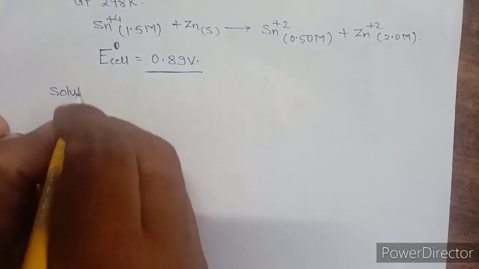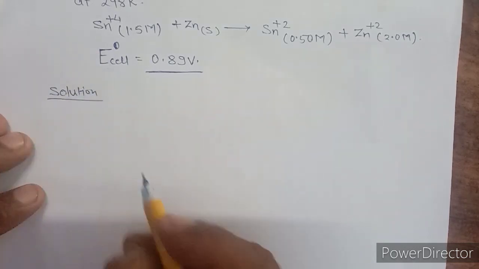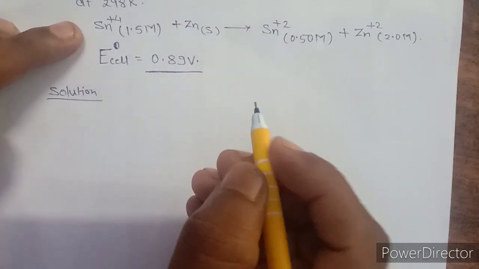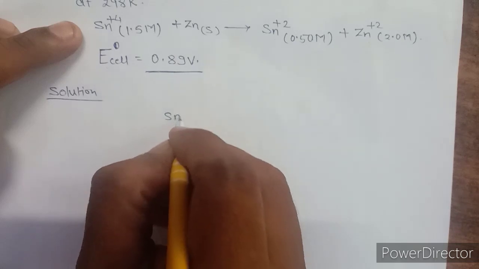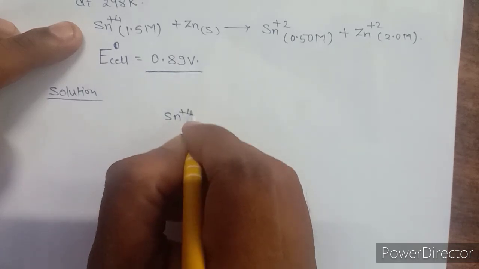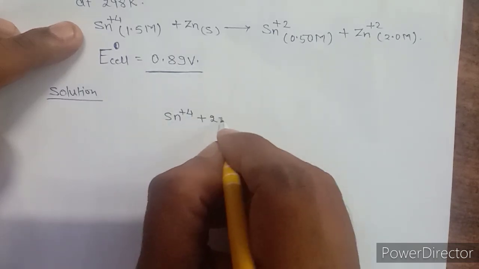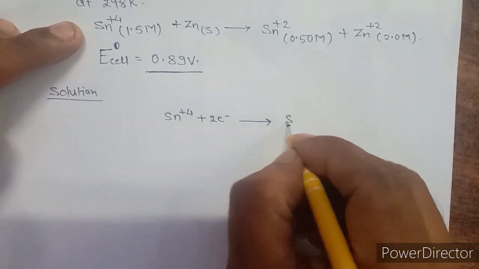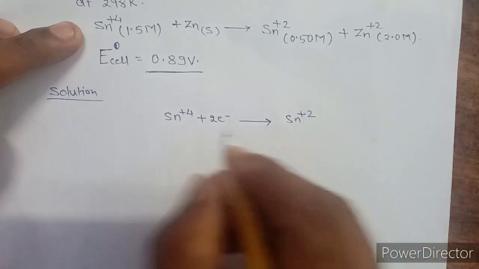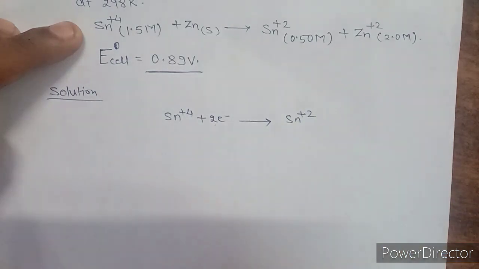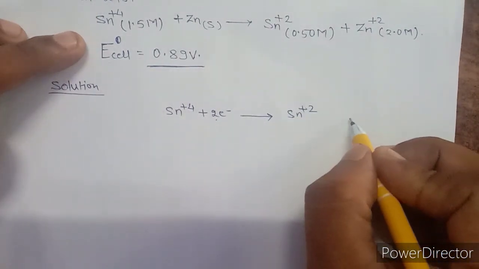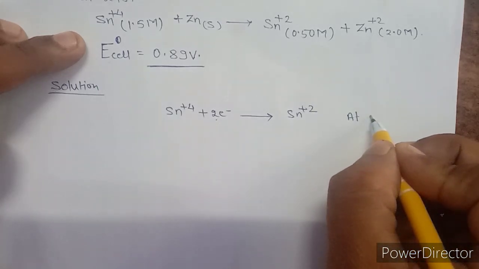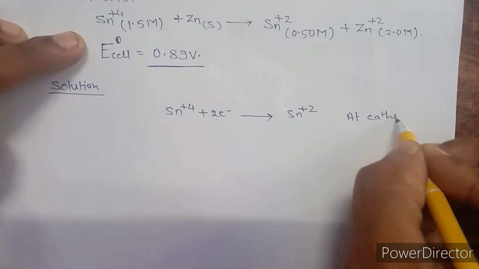First of all, we write the equation in two half equations, one for the oxidation and another for the reduction. This is the reaction in which reduction of Sn+4 takes place to Sn+2 by the gain of 2 electrons, and this takes place at the cathode.